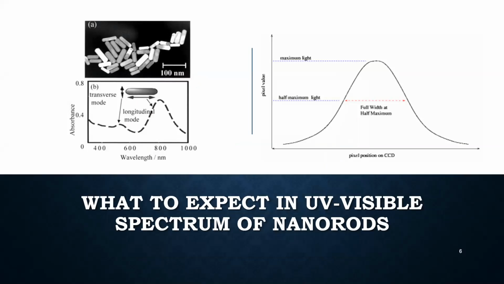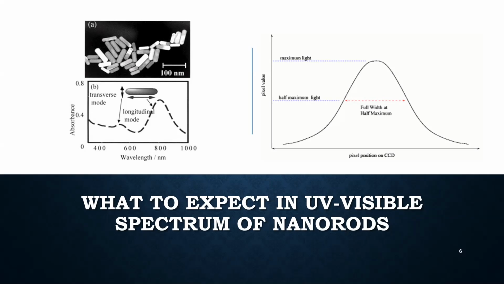From UV spectra, we can easily tell whether the rods are uniform or not by the full width at half maximum of the longitudinal surface plasmon peak of the rods. As can be seen from the picture above, the absorption in the dotted line on the left illustrates gold nanorods, in which a lower transverse LSPR peak at 512 nanometers is depicted, while a stronger peak at 780 nanometers shows a longitudinal mode.